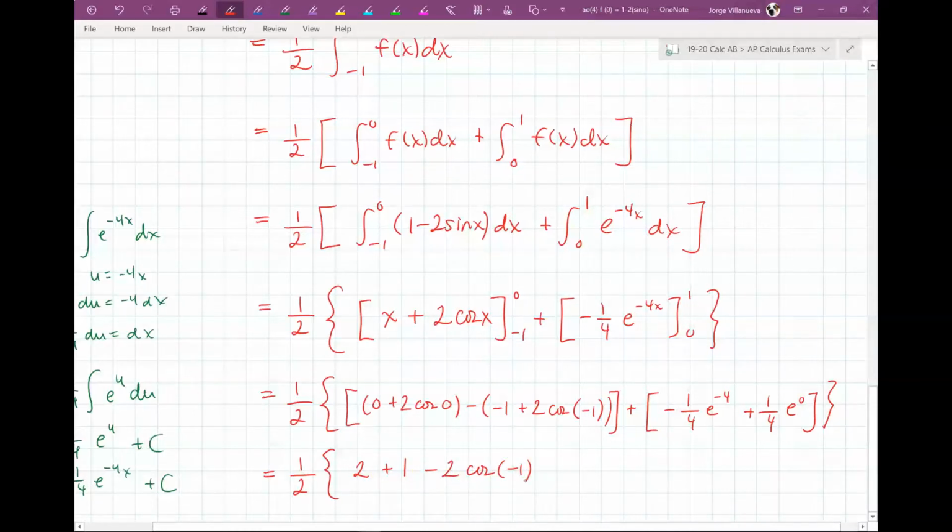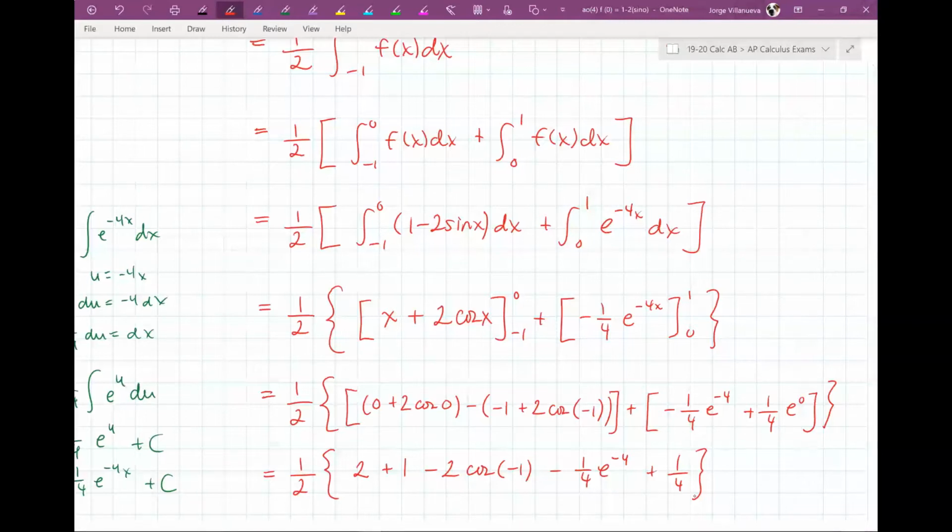Now, I don't know what cosine of -1 is off the top of my head, and this is supposed to be a non-calculator problem, so I'm just going to leave it alone. I'm not going to do anything special with it. Just leave it there. Minus 1/4 e to the -4 plus 1/4, because 1/4 e to the 0 is 1, so 1/4 times 1 is 1/4.